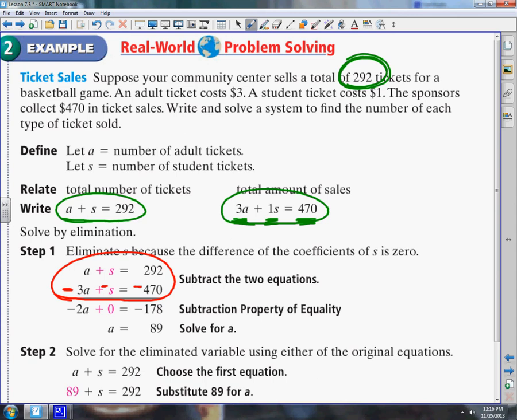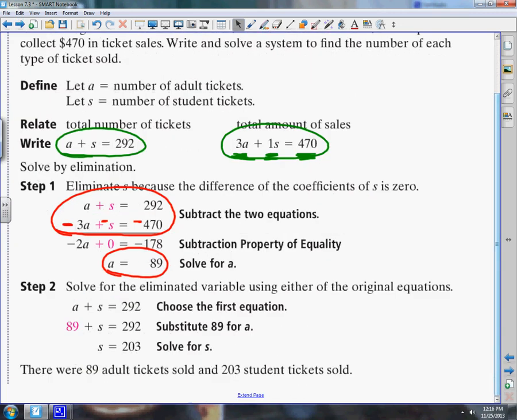Then A minus 3A is negative 2A, S minus S is 0, and 292 minus 470 is negative 178. Then you divide by 2 and you get A equals 89. So it was that simple to figure out my adults is 89 tickets. And then you plug that back in and you can see that students was 203.